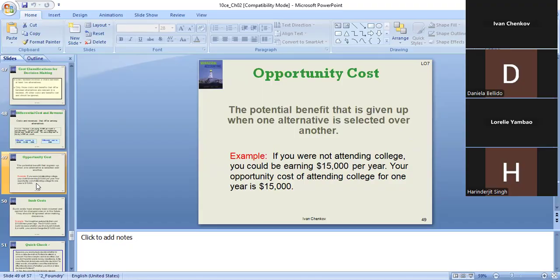Now let's see the opportunity cost. Opportunity cost is important for our decision making. It is the benefits we give up if we make one decision versus the other decision. So the opportunity cost is not something that you have to pay, but something that you have to consider.